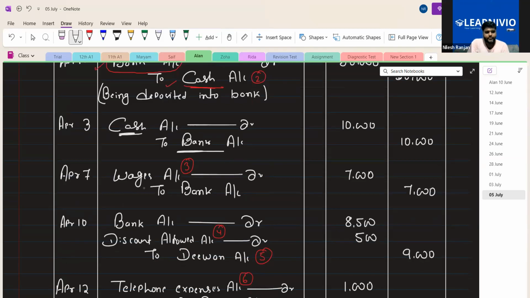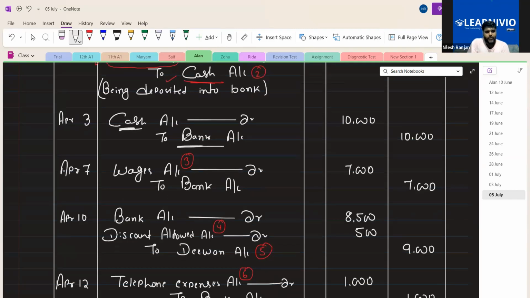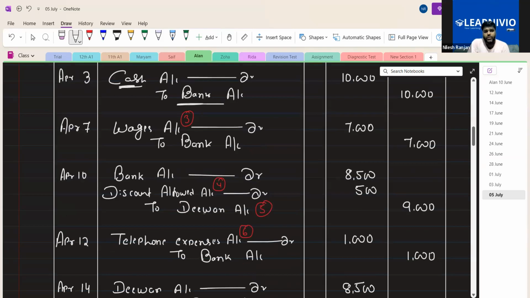After this, there is bank account debit, discount allowed account debit to Divan account. So there are 3 accounts now. Bank is on the debit side, so it will be on the debit side of the bank account, "to Divan."